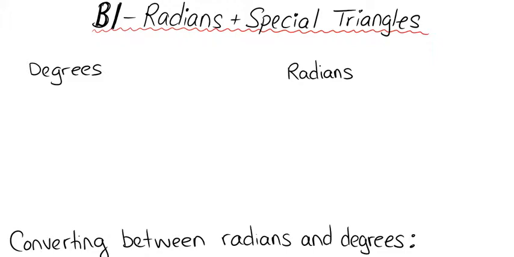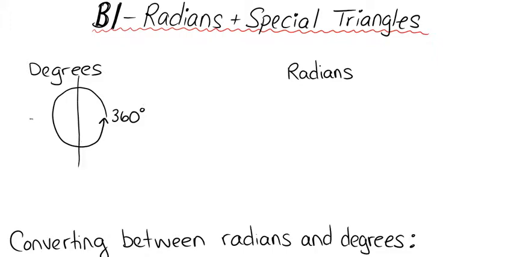Okay, so in your previous years doing math, you've been using degrees. So you've kind of been saying, you know, going around in a full circle would create a 360-degree angle.